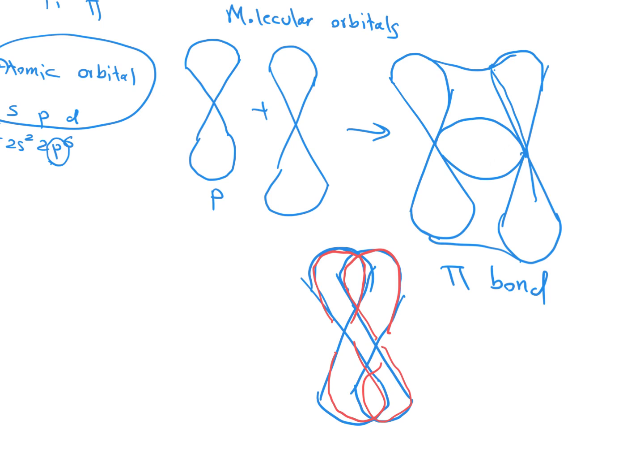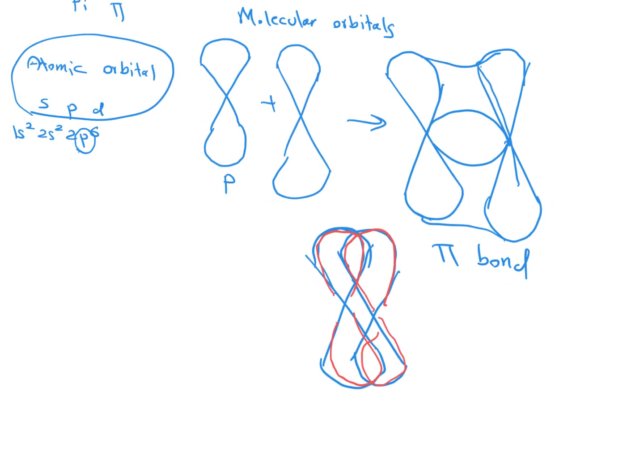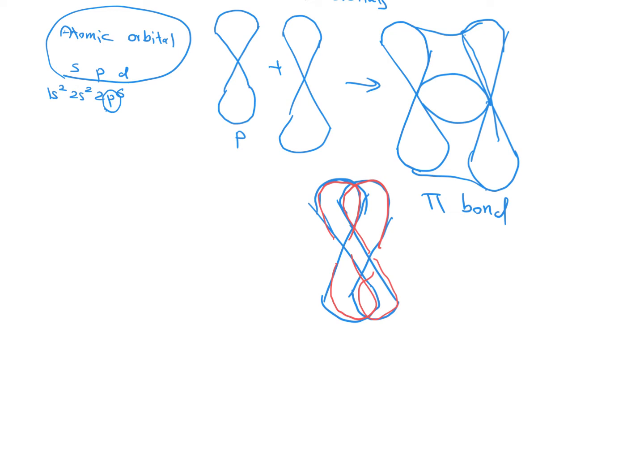This is the only instance that we have pi bond in what we are studying in this class. Anything else would be sigma. And then sigma would be the end-on overlap, meaning that if you have this p atomic orbital and another one like this, you see that their ends overlap.